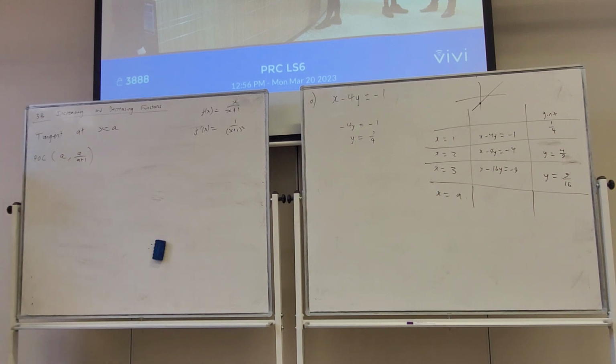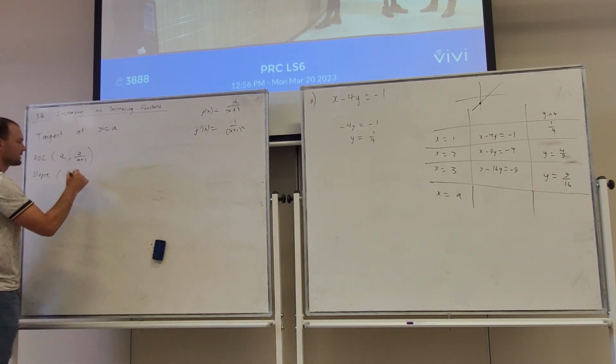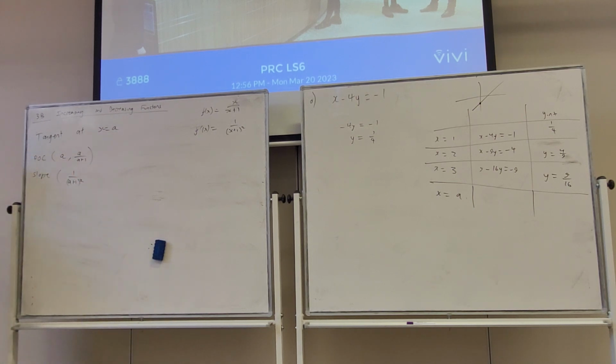Remember with these proofs we're doing it deductively, so we're doing it for all values of x. Alright, so we've got the point of contact. Then we need the slope. Well, the slope is just in terms of a as well. If we put the number a where the x is, the slope is going to be 1 on top of a plus 1 squared.